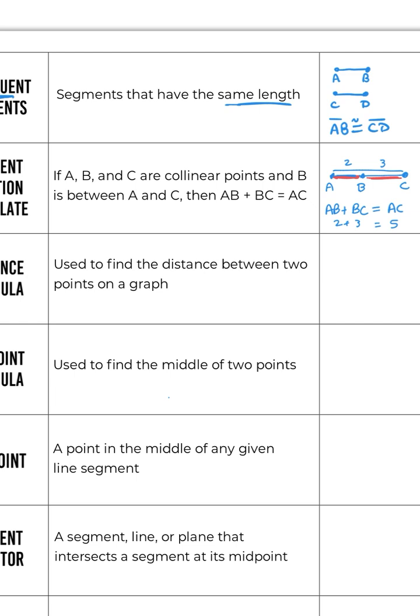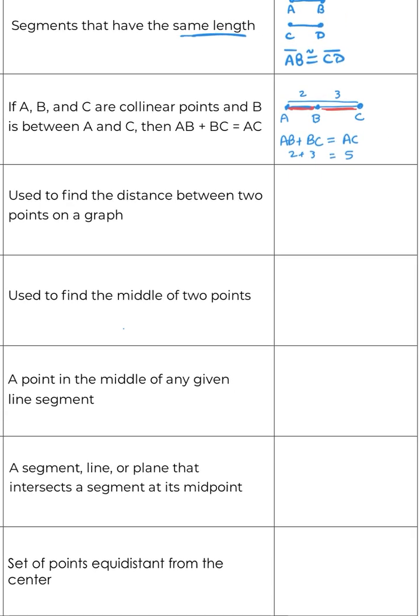The distance formula is used to find the distance between 2 points on a graph. When we have 2 points, A and B, and they each have coordinates x and y, we'll call one x1 and y1, and the other x2, y2.